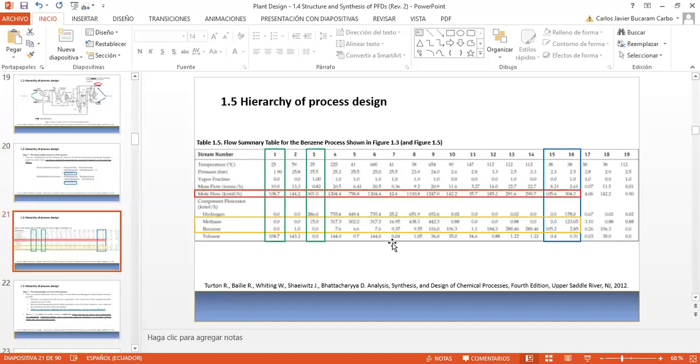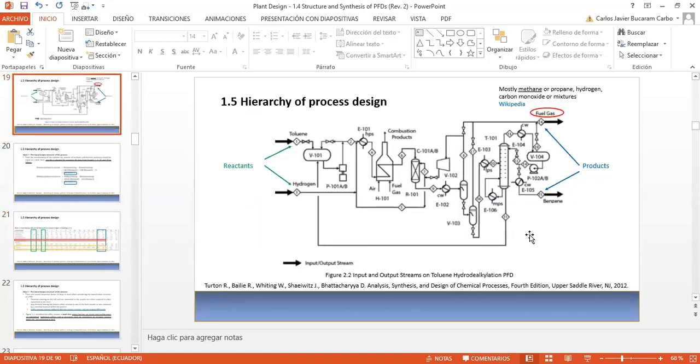And we use a table, which you guys will be obtaining as a result of your Aspen Plus simulation. Maybe not exactly like this. Maybe you will have more streams, maybe fewer streams. But these 19 streams, they represent this process. All of them, they represent this process.